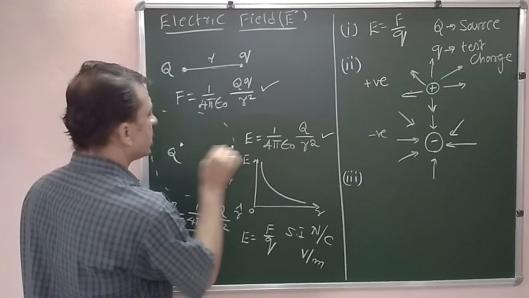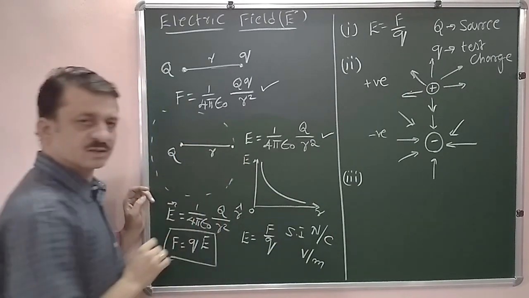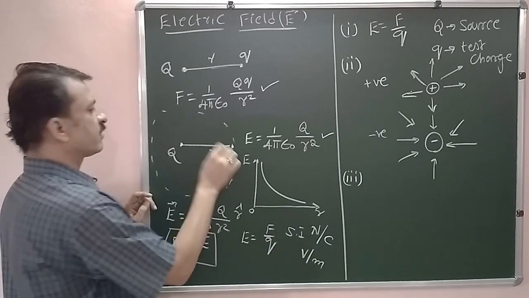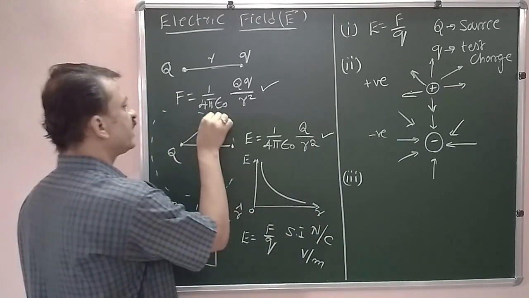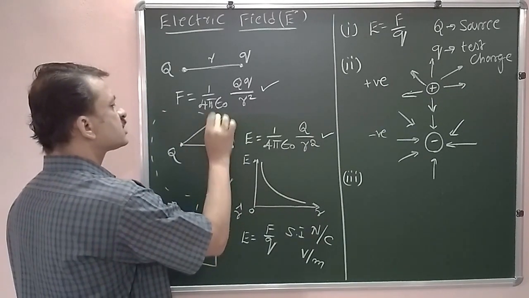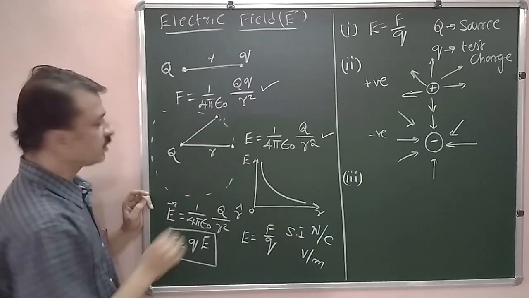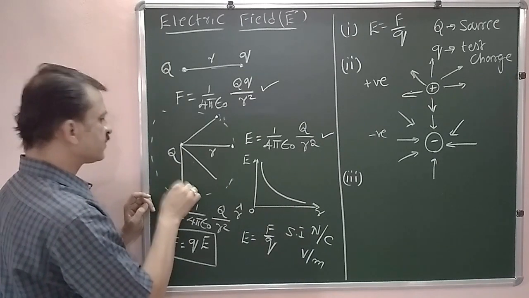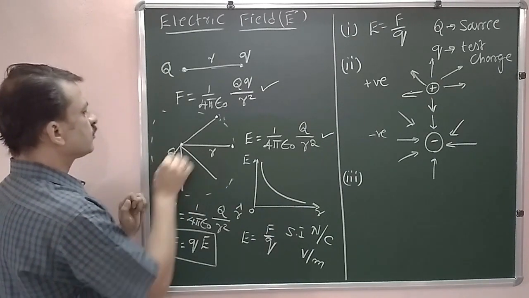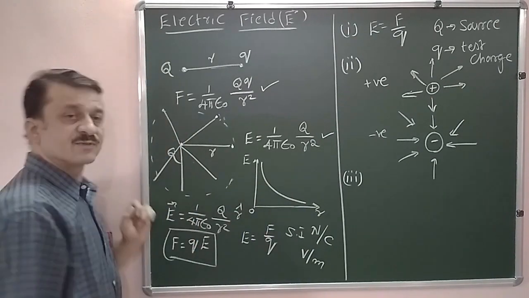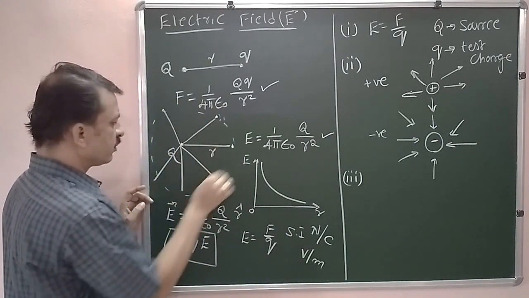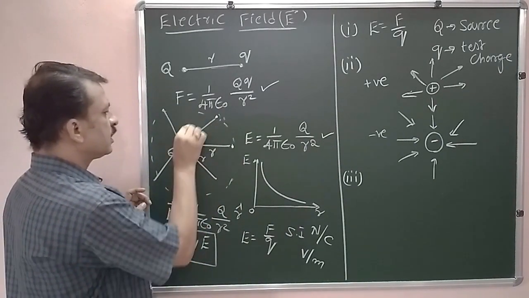Now here is some point which is at a distance r. If you work out the magnitude of the electric field and take the same distance point in the other direction, if you consider all points which are at the same distance from the charge, the magnitude of the electric field is found to be the same.